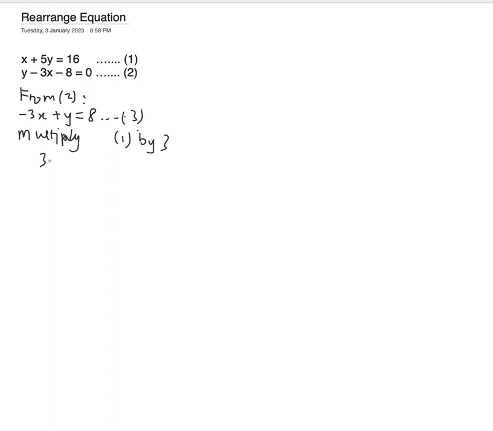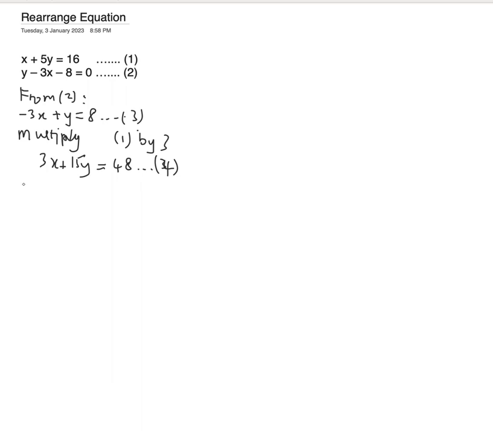So that will give us 3x plus, multiply by 3, we will have 15y, and multiply by 3, we have 48. That is equation 4. Right, now we can add the equations, equation 3 plus equation 4, the two modified equations, and that will give us negative 3x plus 3x will be 0.